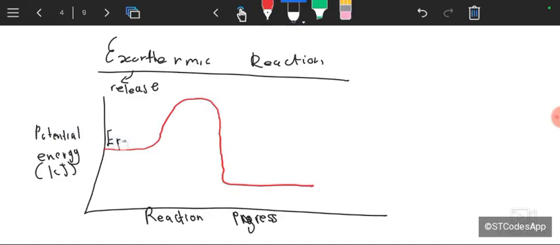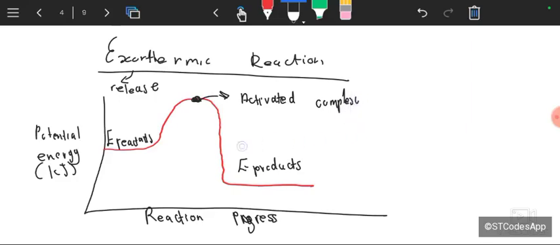Now, the same thing that we said will still remain over here. This is still the energy of the reactant. This is still the energy of the product. Now, this over here is still our peak that we called the activated complex. So the reaction gets activated.